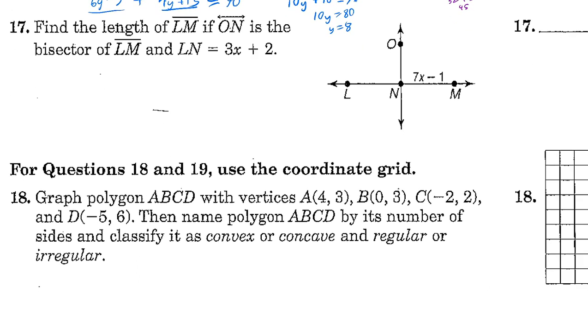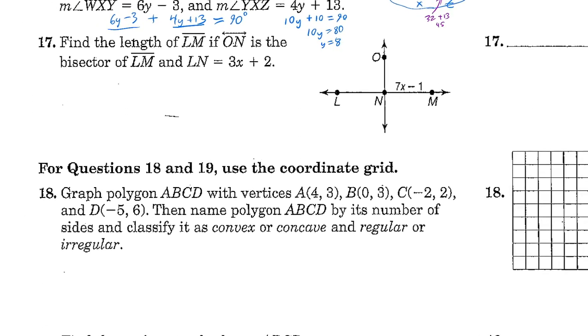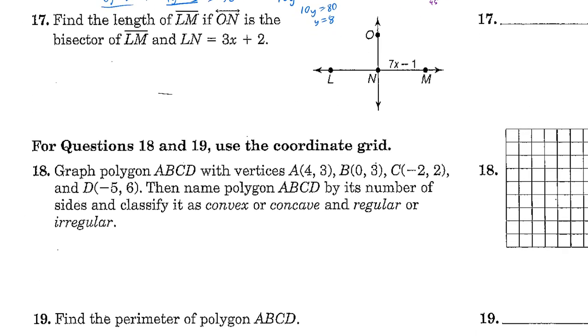Cool. Okay, find the length of LM if ON is the bisector. So we're looking for the distance from here to here. If ON is the bisector, the definition of a bisector of LM just means it passes through the midpoint. So these two segments are congruent. So this is another 7x minus 1.